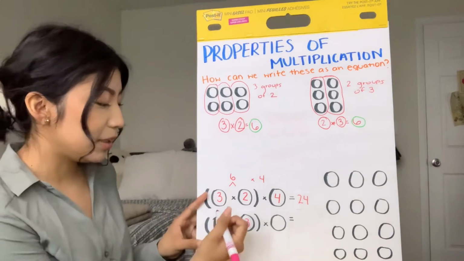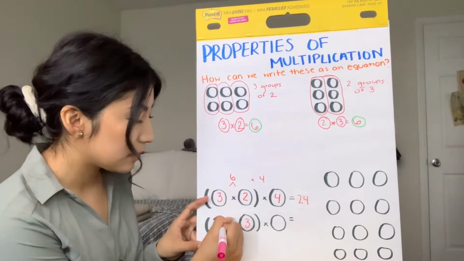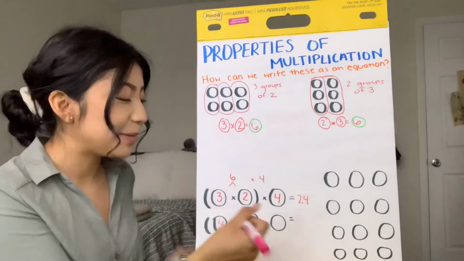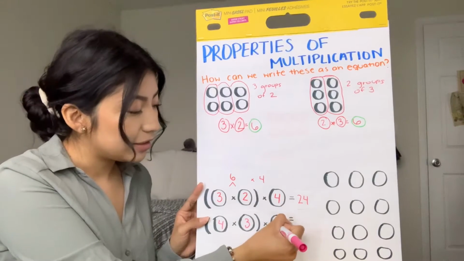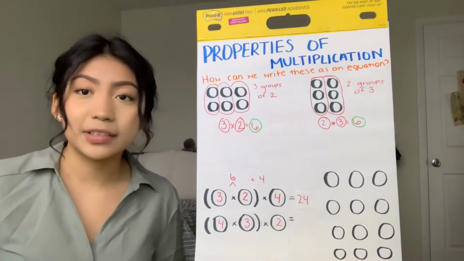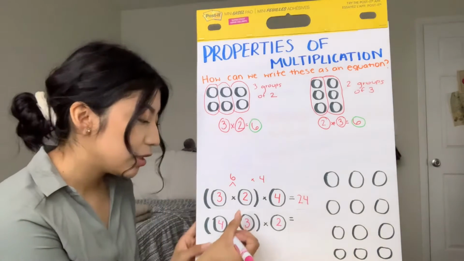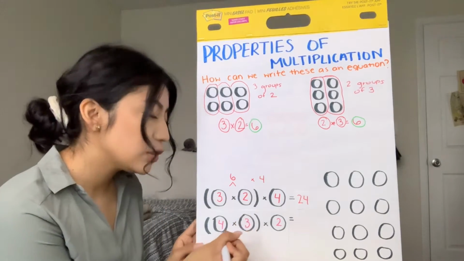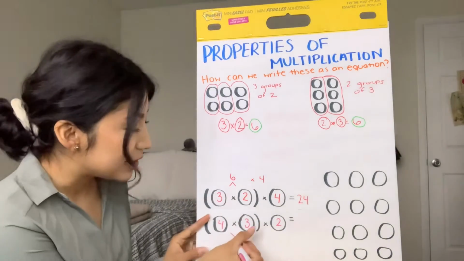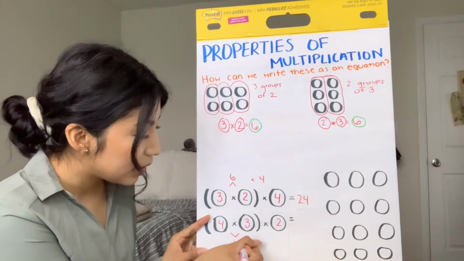All right, so we want it in the first bubble. And that only leaves us with 1 more space left, so we're going to put our 2 there.